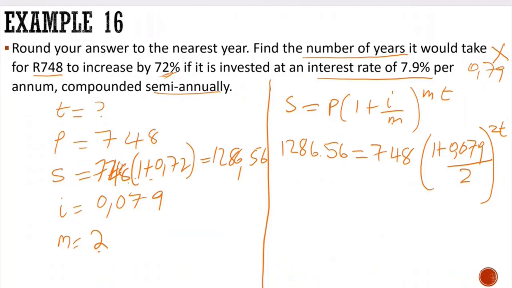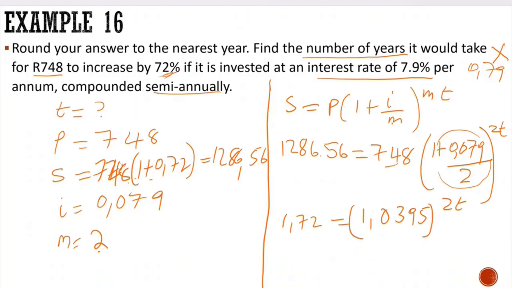Okay. So you are going to have 1286 divided by 748. So that is going to be equal to 1,72, which is equal to what you find here. You're going to get 1,0395 to the power 2t.